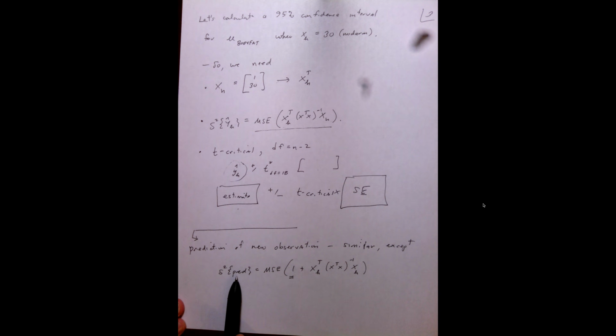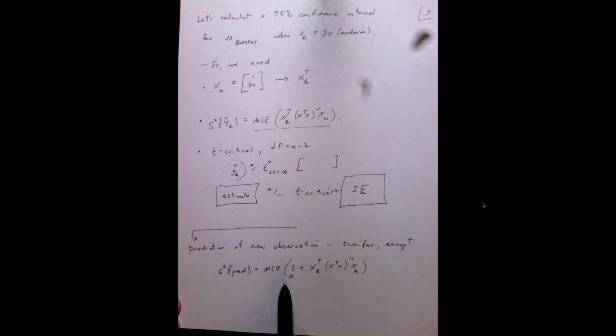The variance of the predicted is still the mean square error times this matrix, but I add 1 to it. And again, this was explained in a previous video too. But I just want you to be reminded that you add 1 to it, which gives us a lot more variance. In fact, if we get pretty far away from the mean, we get so much predicted variation that the predicted value is oftentimes not helpful.